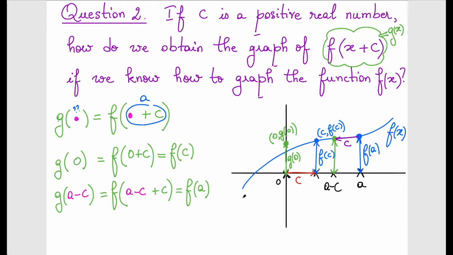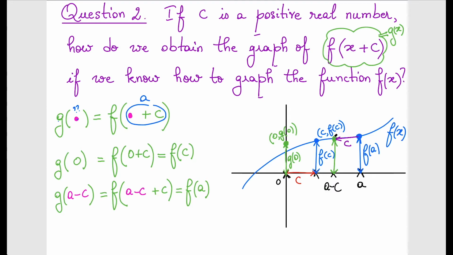Okay, so imagine that f is like a signal function, and g is related to f via this recipe. The question is, what is g then? Well, according to the discussion we just made, g is going to allow you to see c units ahead of time what f allowed you to see, right?